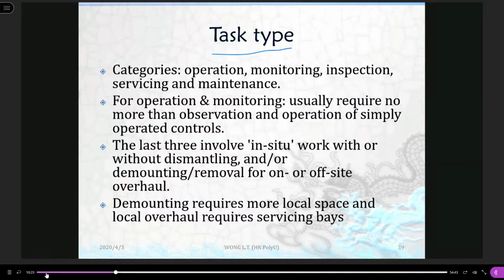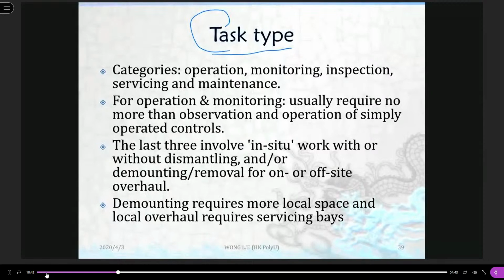Operation actually gets the system working. Monitoring is to check its status, inspection to certify the parts according to some standard, servicing and maintenance for repair during the lifetime.